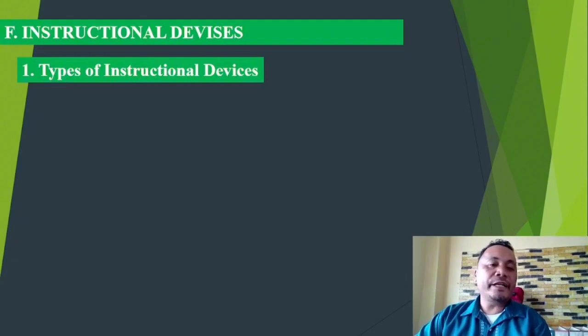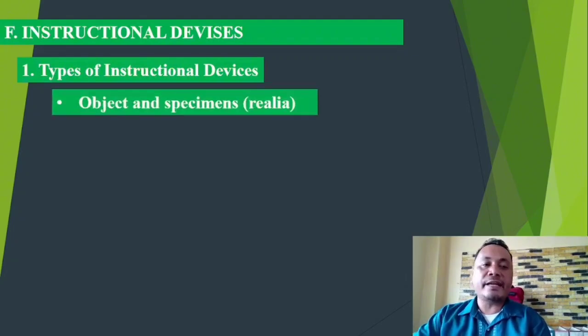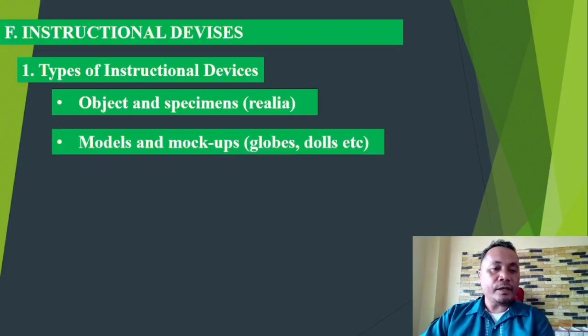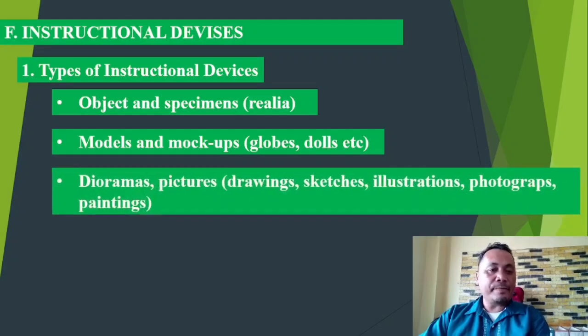Okay, so we have here the types of instructional devices. First is the object and specimen, or we call that one as realia or real object. Models and mock-ups like globes, dolls, o uban pa, and then dioramas, pictures like drawings, sketches, illustrations, photographs, and paintings.